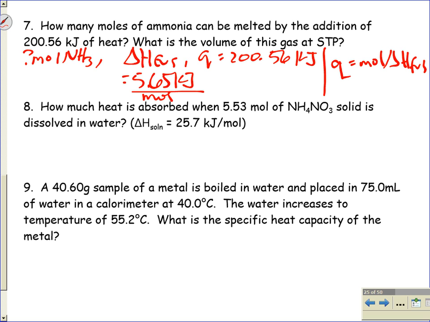What are you going to isolate? Moles. So divide by what? Delta H fusion. Then we put Q divided by delta H fusion, and what do you get?